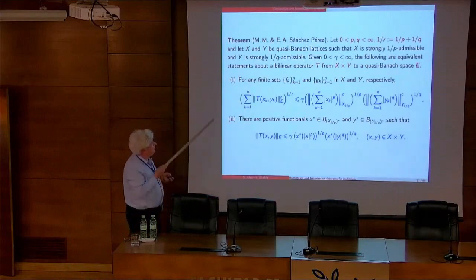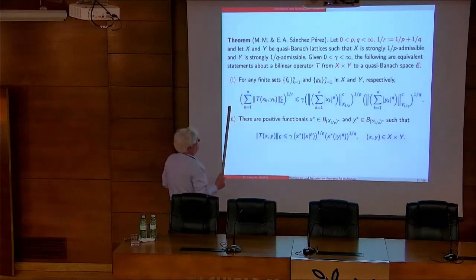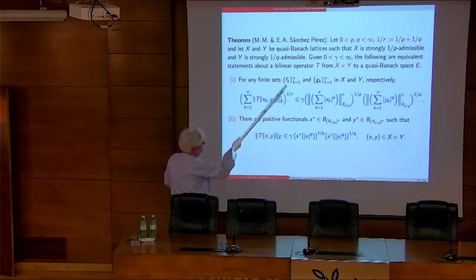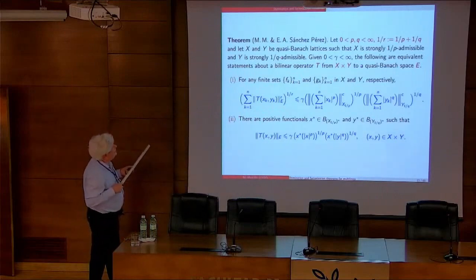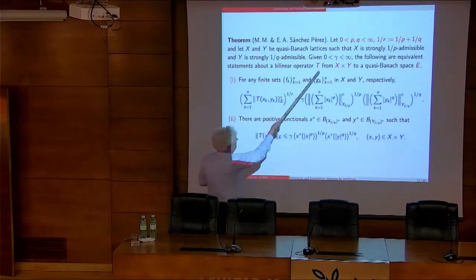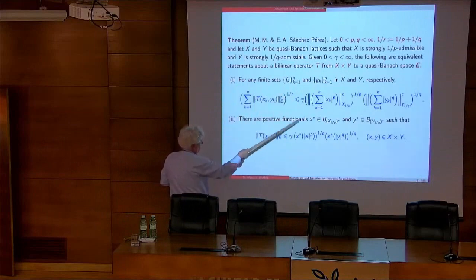The results I am talking about here are joint results with Enrique Sánchez Pérez from Valencia University. So the first result says the following: whenever we have P and Q between 0 and infinity, and 1 over S is this combination, the classical 1 over P plus 1 over Q, and we have two quasi-Banach lattices, and X is strongly 1 over P admissible, Y is strongly 1 over Q admissible, and if we have a positive constant, then the following statements about a bilinear operator to a quasi-Banach lattice are equivalent.